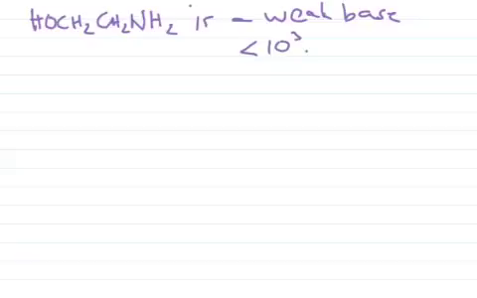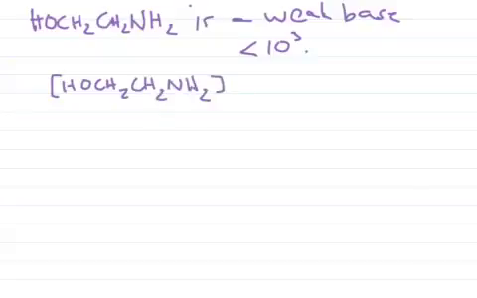So we know for sure this is a weak base. So because it's a weak base, we can state that the HO, CH2, CH2, NH2, instead of being equal to 0.15 minus X, we can assume it's going to be 0.15.